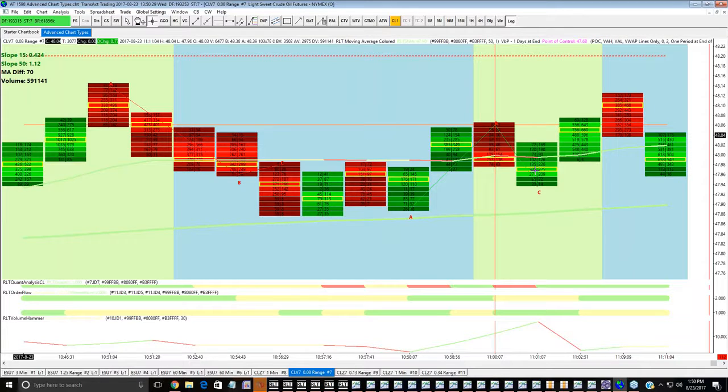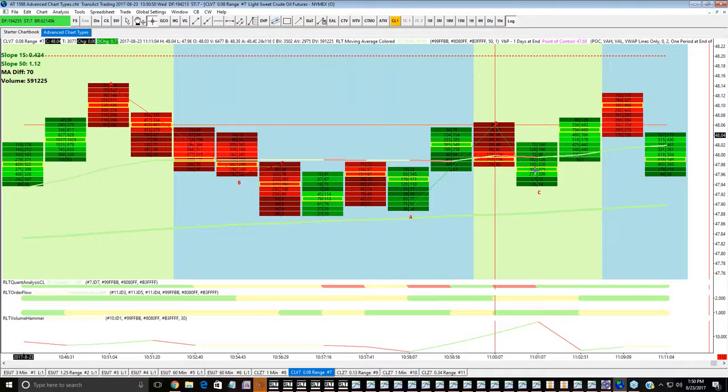Now, let me just give you one other piece of information. Most traders use this to trade the E-mini S&P, and I think they do because they're reading each individual tick level, and they're looking for hidden areas, hidden buyers, hidden sellers.